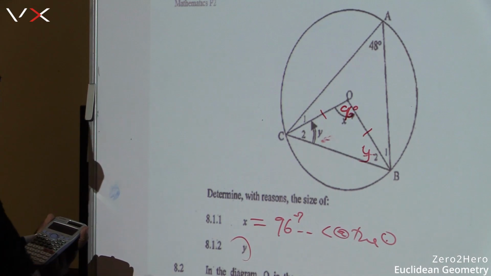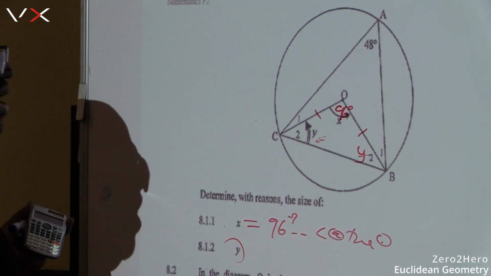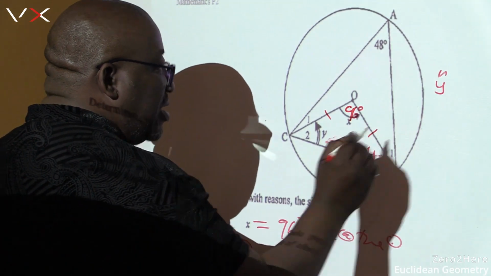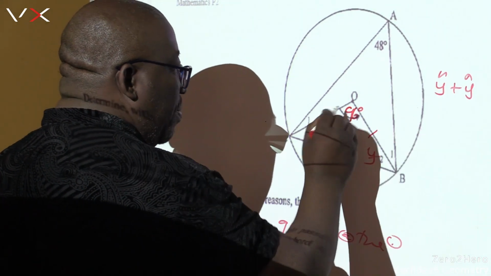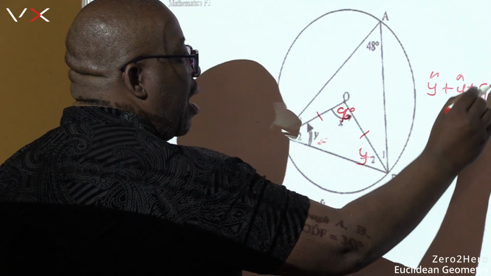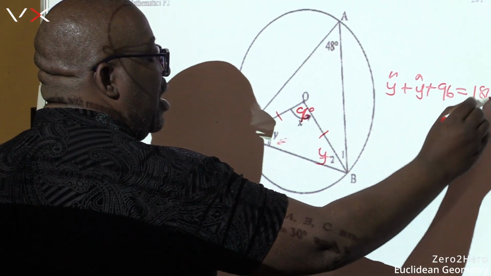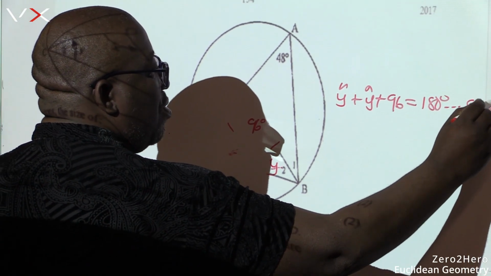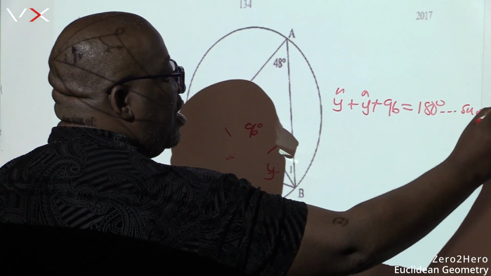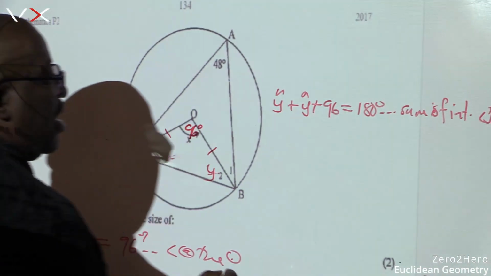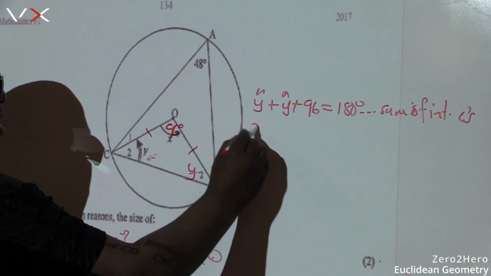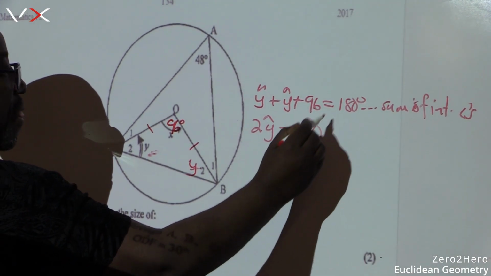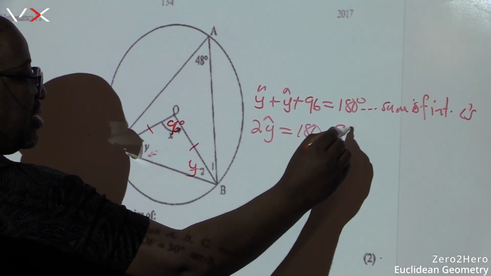The next question is looking for angle Y. How do I find angle Y? We know that angle Y plus this angle Y plus 96 is equal to 180 degrees, the sum of interior angles of a triangle. How many Y's do I have here? 2 angle Y is equal to 180 minus 96.